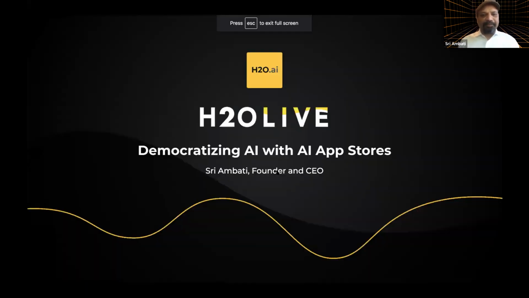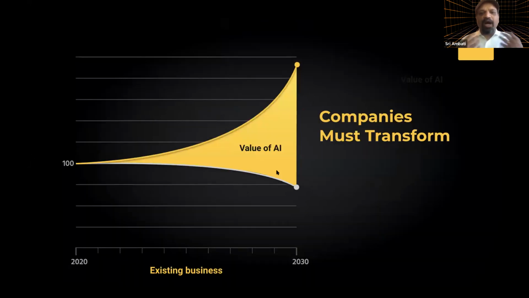Let me walk you through why companies should care. If your existing business today is driving 100% of your revenue, the true asset of a company is its brand and its community and its data. And if we can use AI to transform our companies into data companies, that's where the value is.